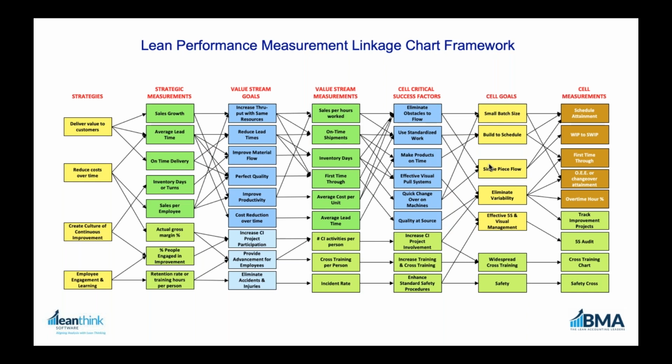So the linkage chart process is really a lot about rationalizing the measures. If there are measures in your business that are not on the linkage chart, you really have to think about, do we need to continue to use them? Because remember, the smart measures, simple and easy. We only want 5 to 7 measures.